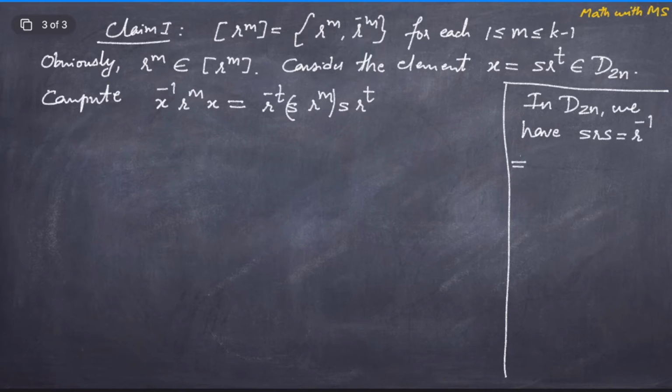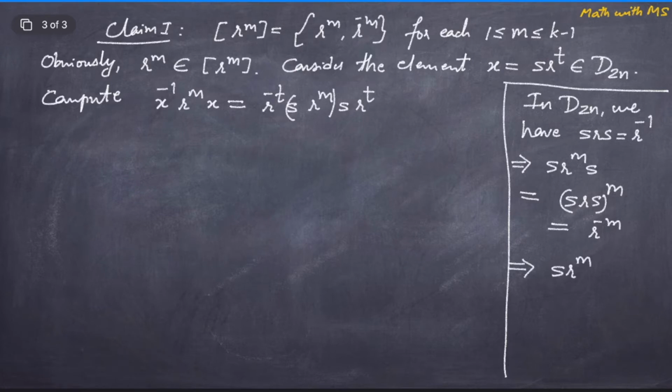This implies that s r^m s is the same as (s r s)^m, which is the same as r^(-m). So s r^m can be written as r^(-m) times s.